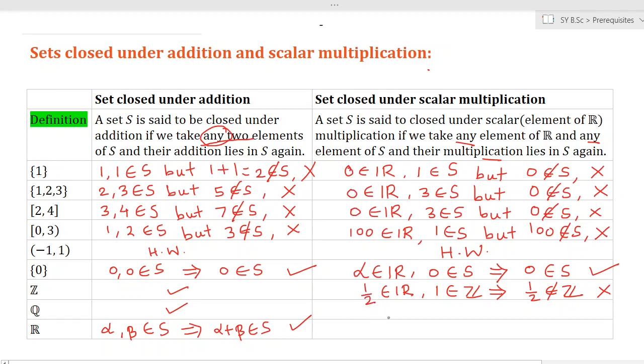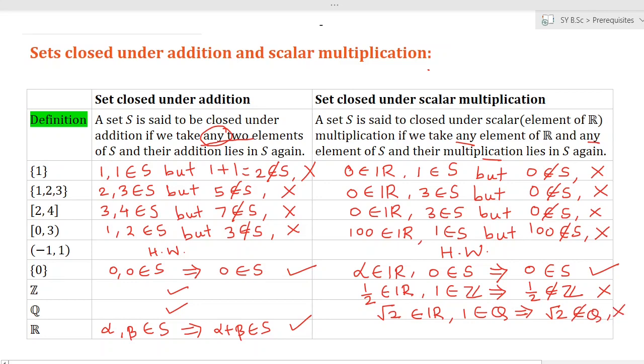So over here, outside of Q, in the sense I will think of what? Square root of 2 belonging to R, and you can take any element of Q of your choice. I will take it as 1, and you can see what is the product. The product is square root of 2, which is not present in Q, so therefore it is not closed under scalar multiplication.